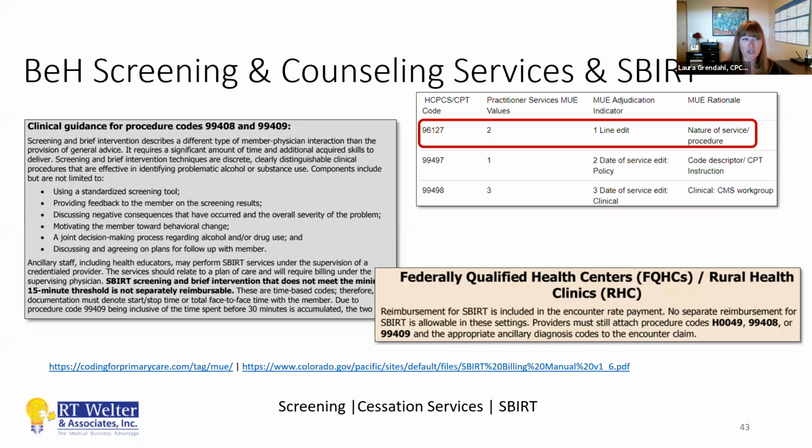The service should relate to a plan of care and will require billing under the supervising physician. So basically, the ancillary staff, the health educator, is doing the service, but we're going to bill it under the provider or the clinician, the certified provider's number.